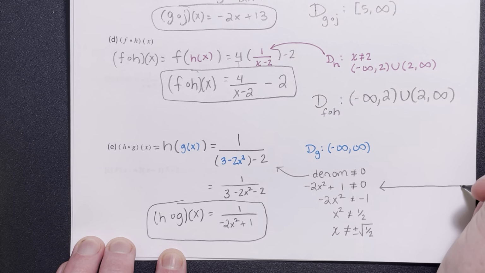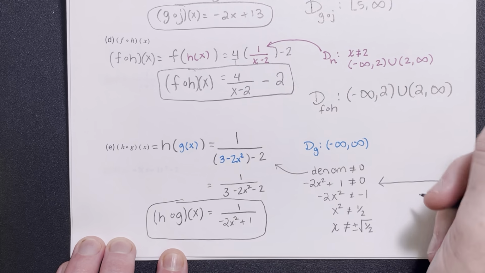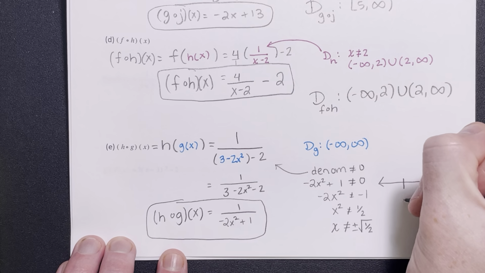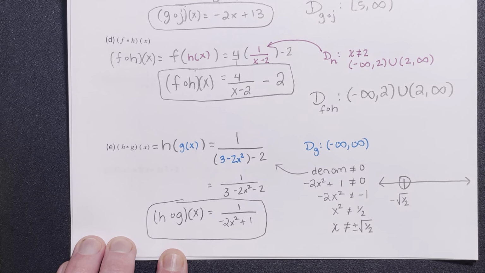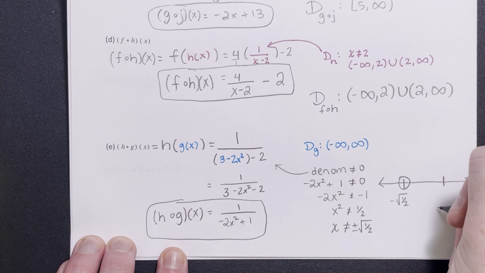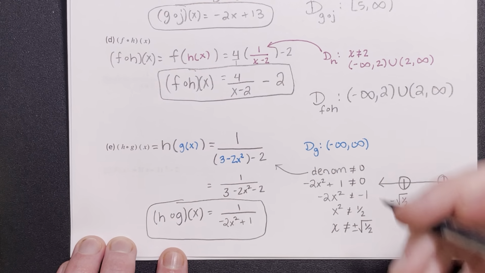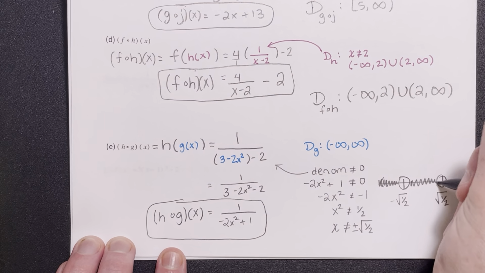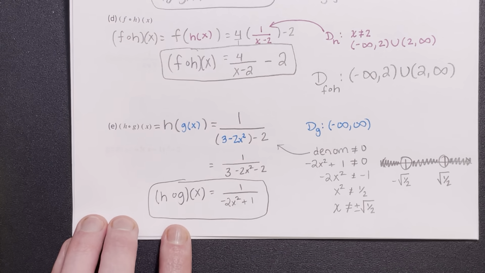What it tells us is that we originally had a domain of negative infinity to infinity until we put this in the denominator. Now negative square root of 1/2 is somewhere on that number line, and we're going to remove it. Positive square root of 1/2, we're going to remove. But every other number is okay. It just cannot be those two values. And they don't have to be pretty numbers. We can still find the domain even without that.